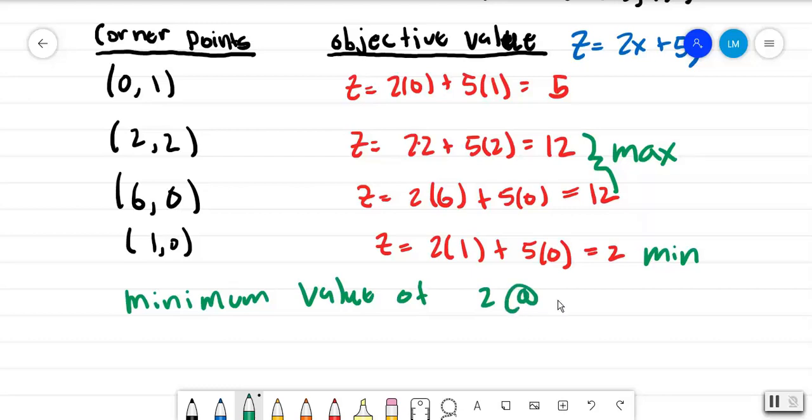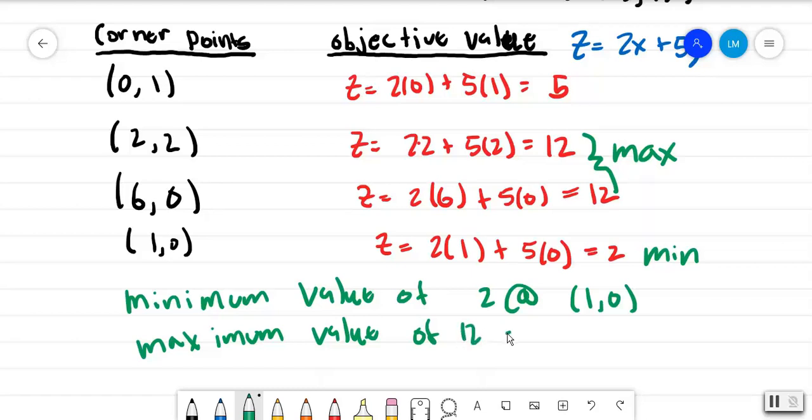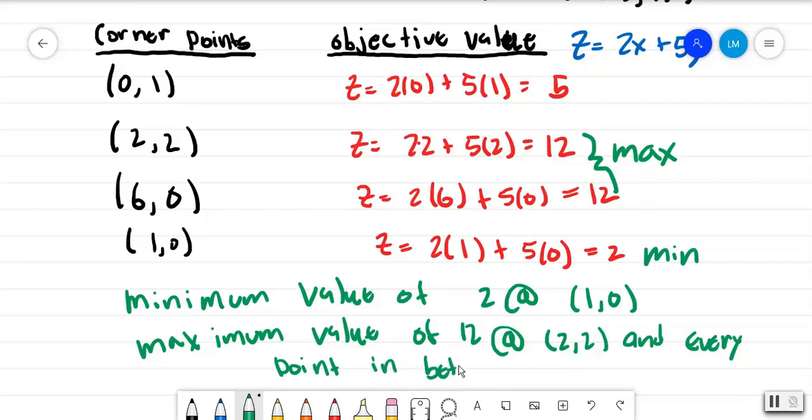So we have a minimum value of 2 at the ordered pair (1, 0), and a maximum value of 12 at (2, 2) and (6, 0), and every point in between.